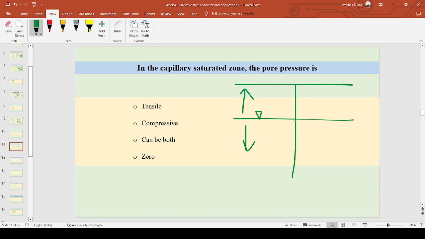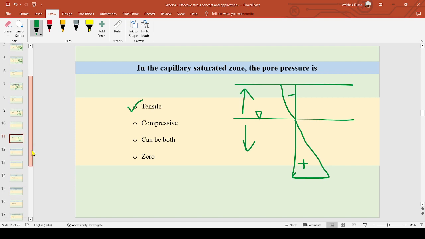Then in this part, the pressure will be positive or compressive, and in this part, the pressure will be negative or tensile. So in the capillary saturated zone, the pore pressure is tensile, negative, that's upwards. Okay, hope it was clear.